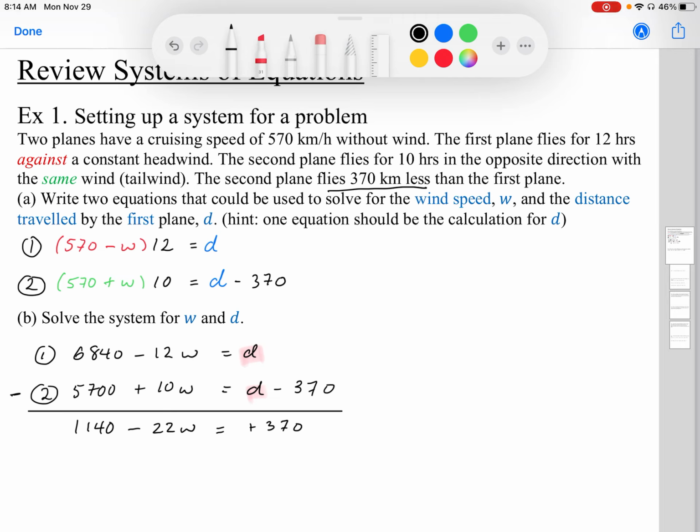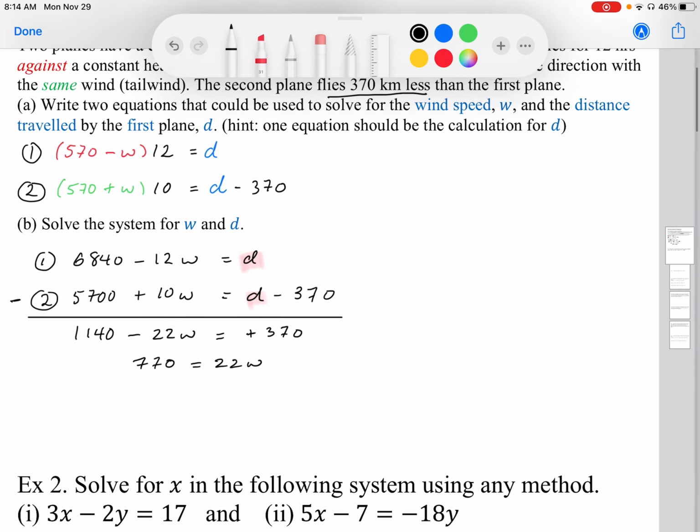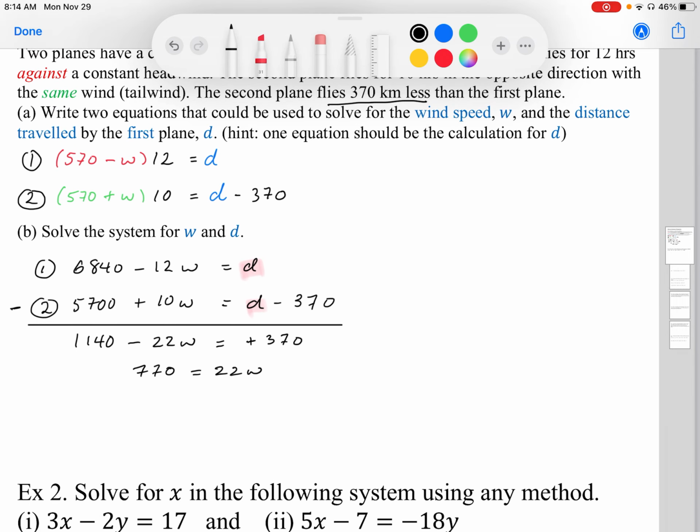Okay, so we're going to solve for W. We're going to subtract 370 from both sides. We get 770 kilometers. I'm going to add 22W to both sides. I get 22W. And then solving for the wind speed, W is equal to 770 over 22.